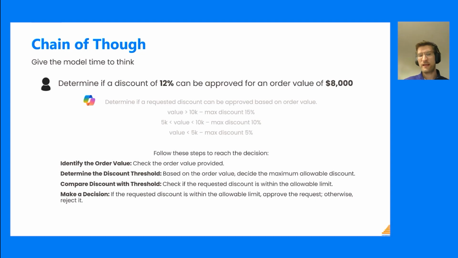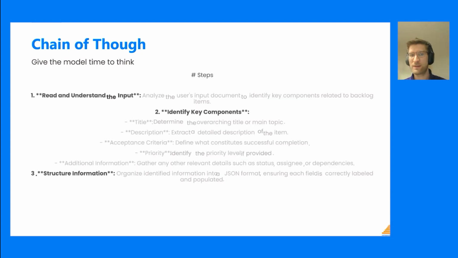But still, here are the steps that it should follow. Identify the order value, determine the discount threshold, compare the discount with the threshold, and only then make a decision. And chain of thought, in our 5 components, is steps. So read and understand the input, identify key components, and structure information.